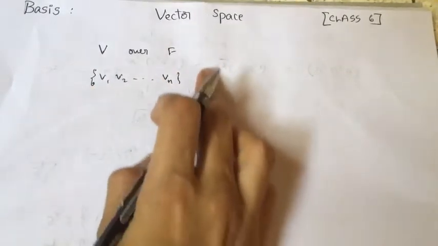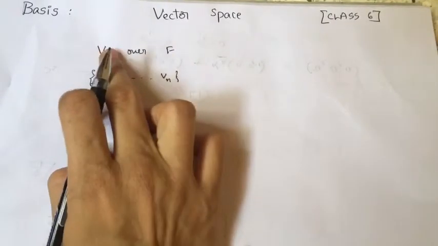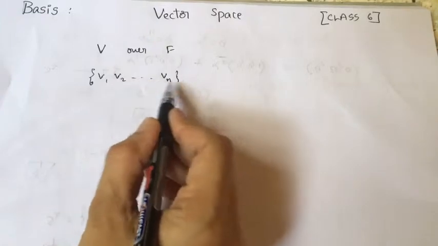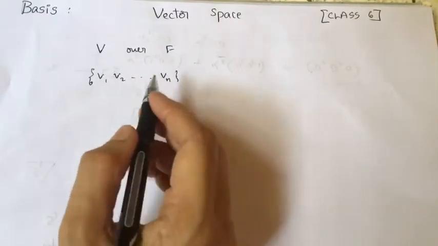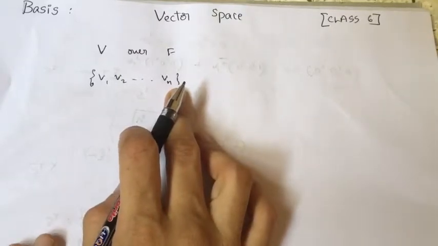I'm saying that this forms a basis for the vector space V if I can write every vector in this set uniquely as a linear combination of the rest of the vectors.